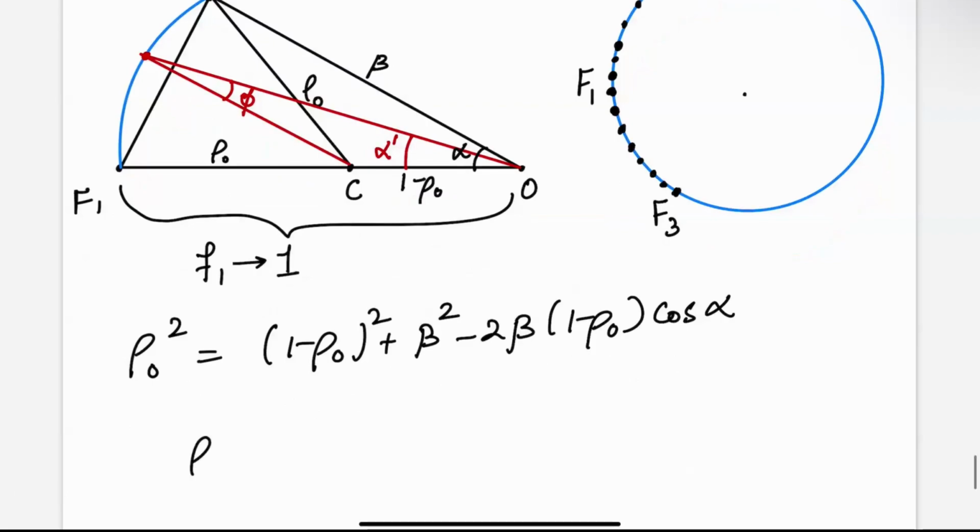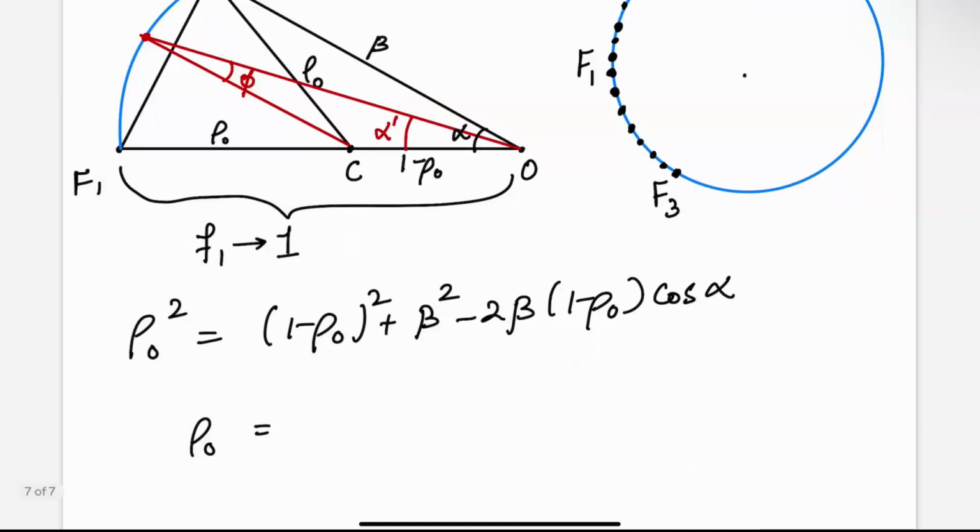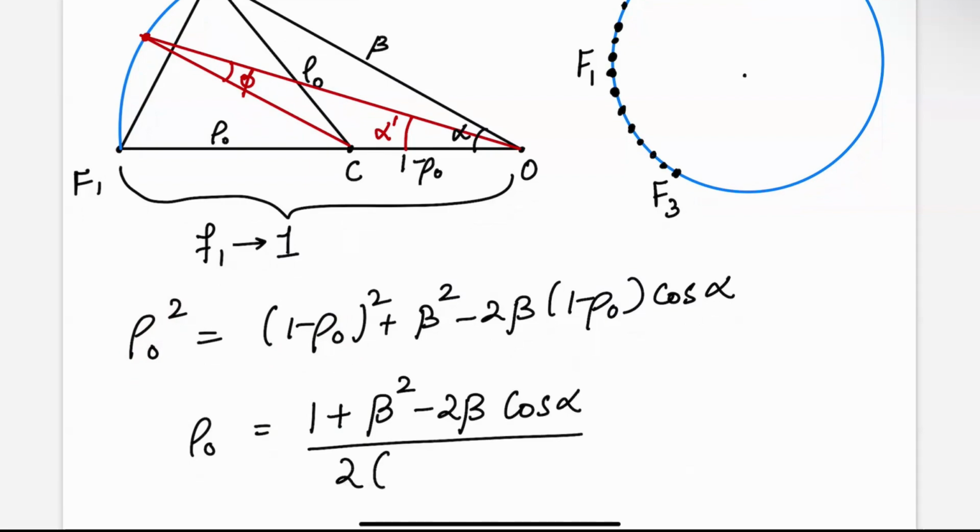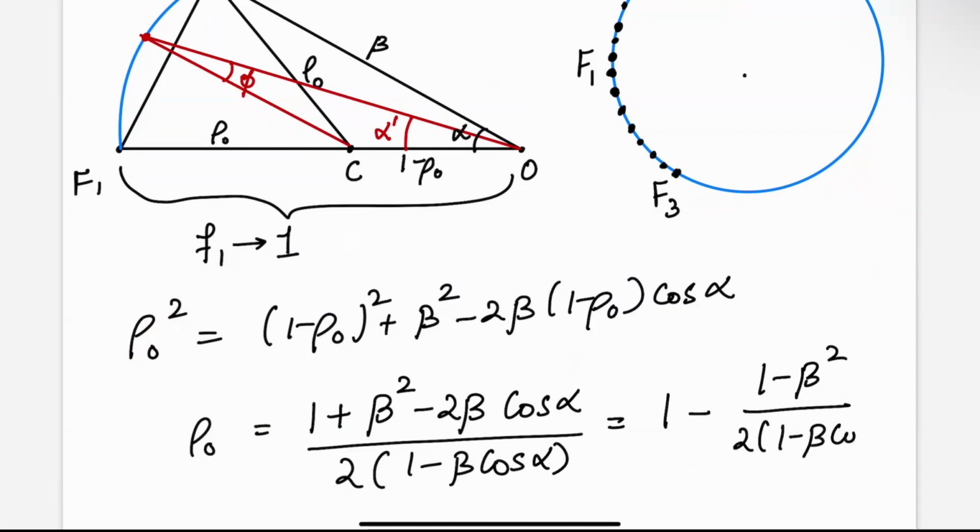From that, you can easily find rho naught, because this rho naught squared and this rho naught squared cancel, except for the coupling term. So rho naught is equal to 1 plus beta squared minus 2 beta cosine alpha, divided by 2 times 1 minus beta cosine alpha. That can be rewritten as 1 minus beta squared over 2 times 1 minus beta cosine alpha.